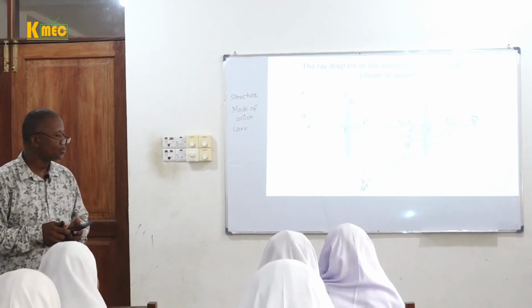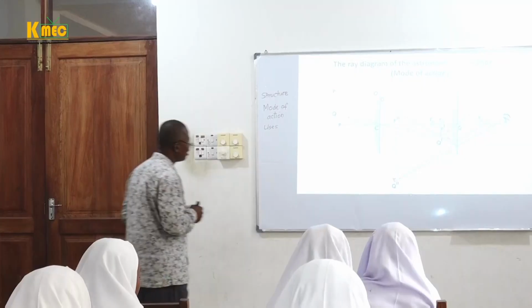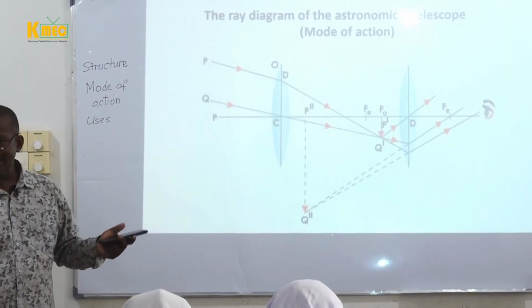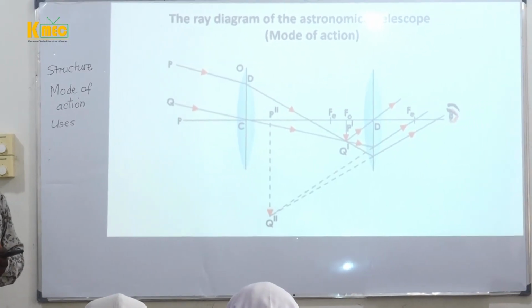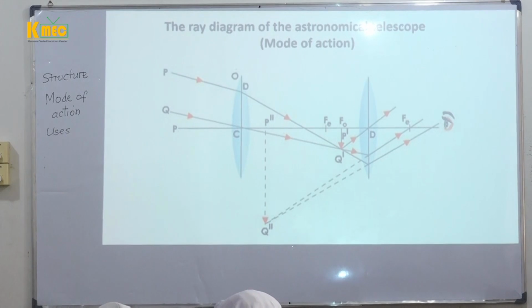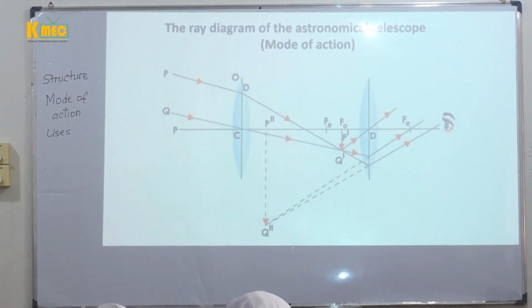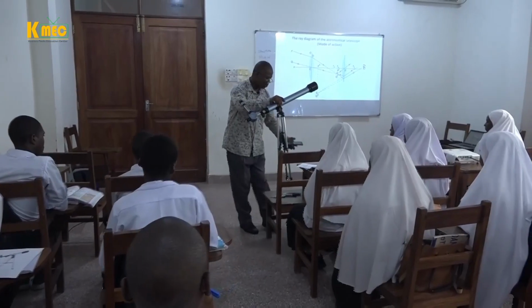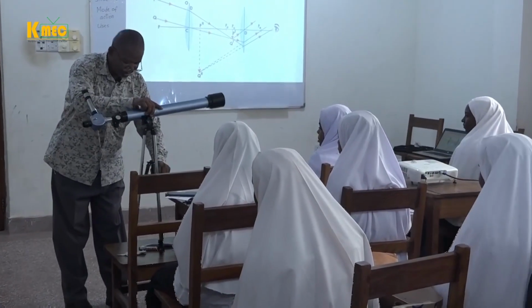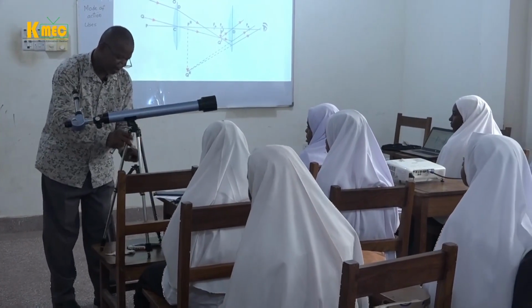So in front of you, we have the diagram, or we can call it the optical ray diagram of the astronomical telescope. As we have said earlier, here we have mentioned all the important parts of our telescope. All right?